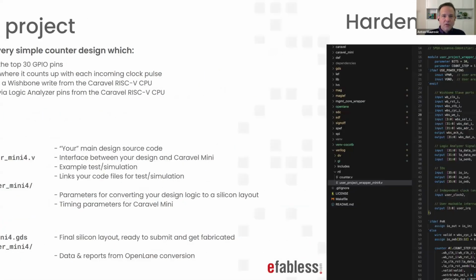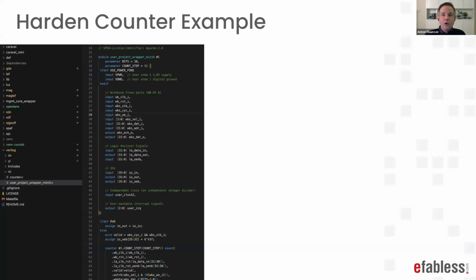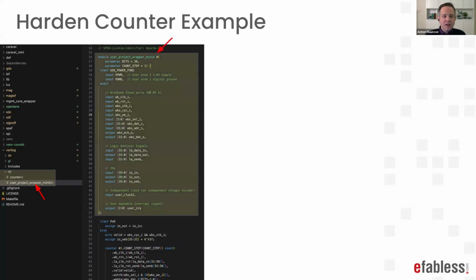So if we have a quick look at what the hardening process is like, I already mentioned these essential RTL files, which are probably the ones of most interest to anyone starting out a design. And we've got the example here of the wrapper, where the part highlighted here, this module, is the connections that we provide as standard.